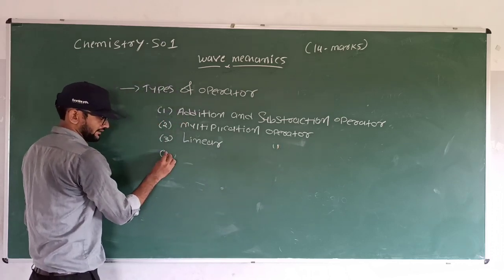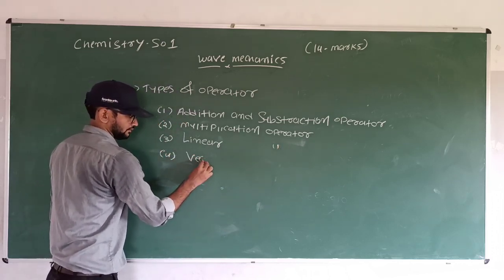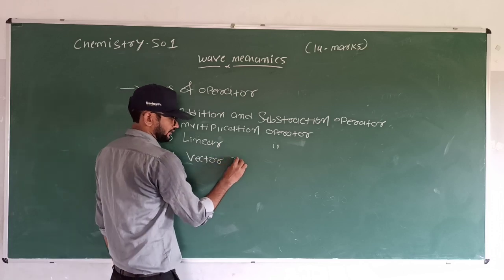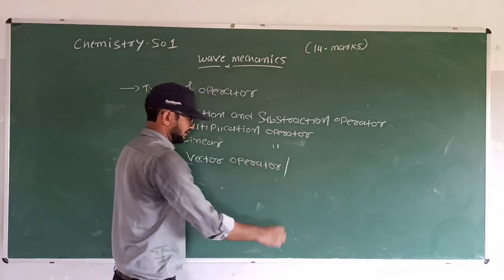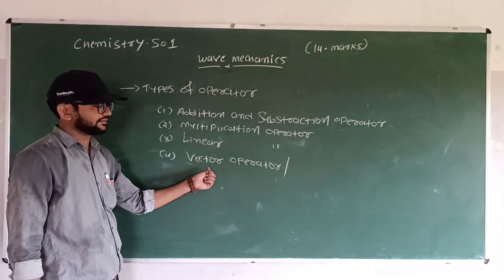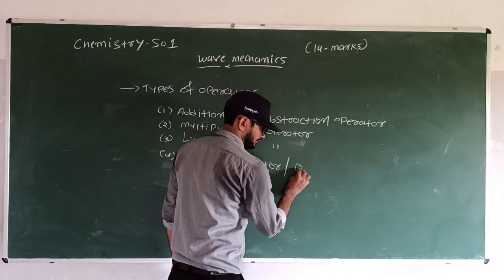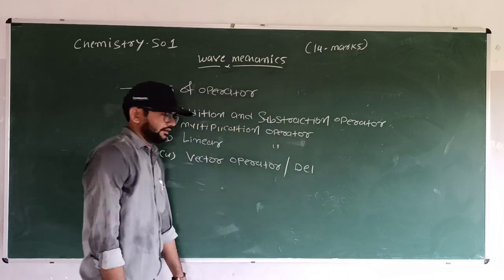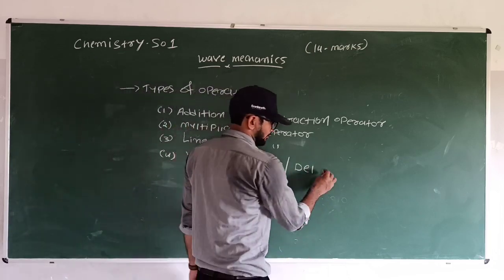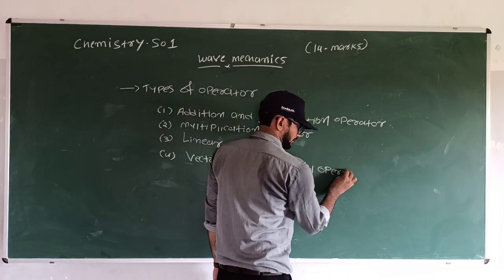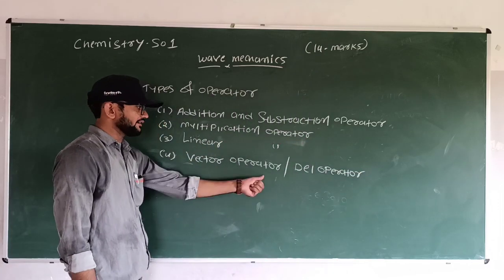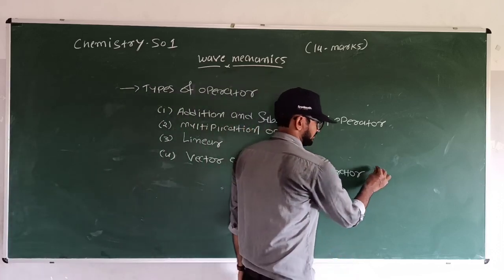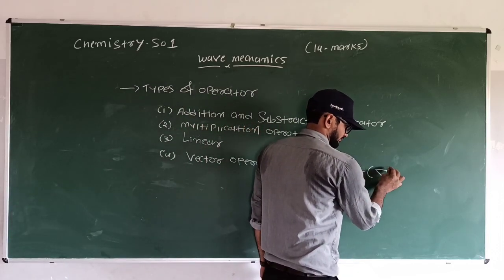Then the fourth one is the vector operator, and it is also known as the del operator. The sign used to denote the del operator is an inverted triangle.